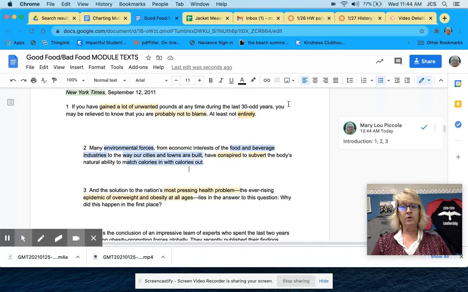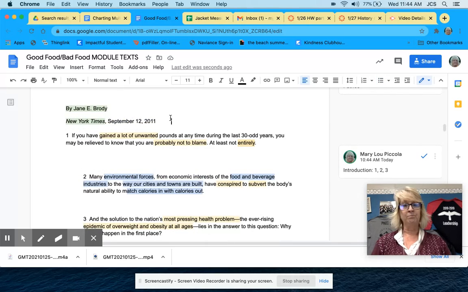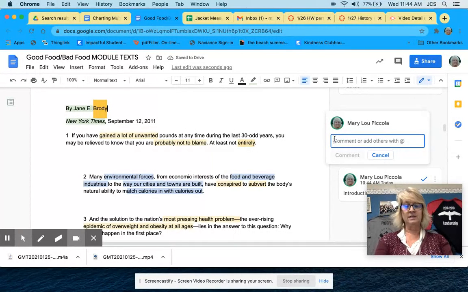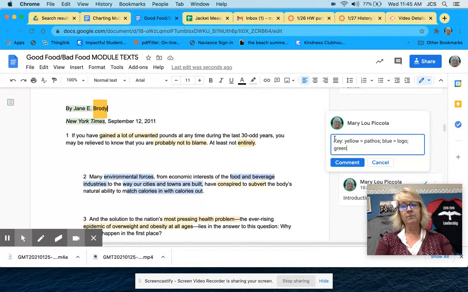So let me go ahead real fast though. Also, I didn't put a key in here and I want to put a cursor at the top of my paper, right click on that, and comment on that. So this is my key. Yellow equals pathos, blue equals logos, and then green, excuse me, equals ethos.